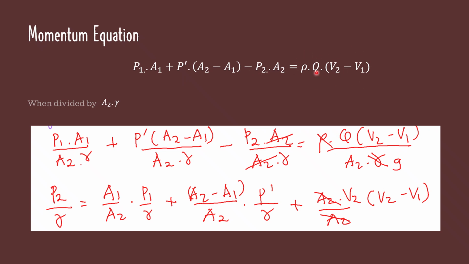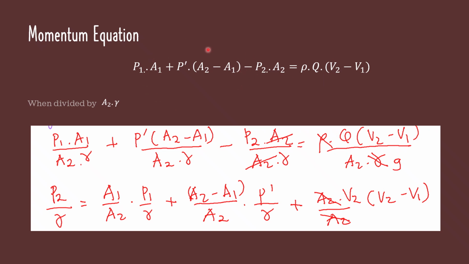So it has the change of the velocity from the input system to the output system. So they have two velocities, V2 minus V1. This is mass, rho times Q, or discharge.